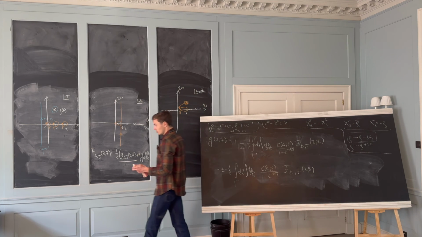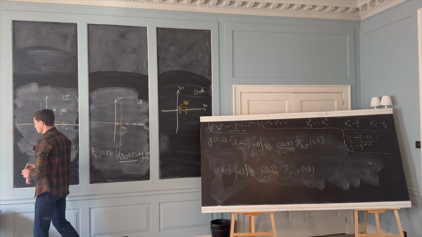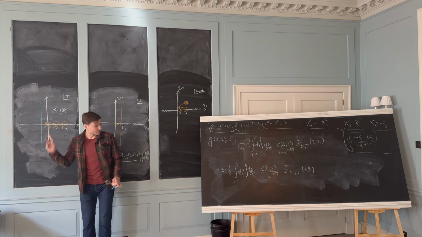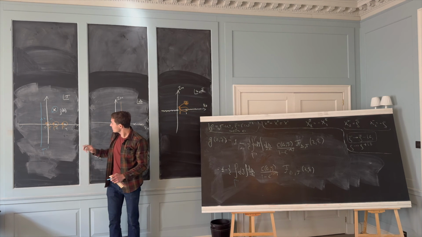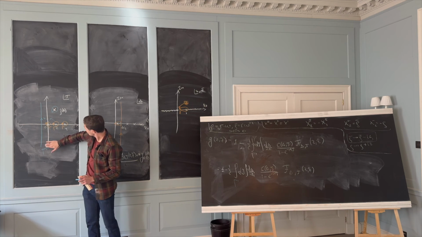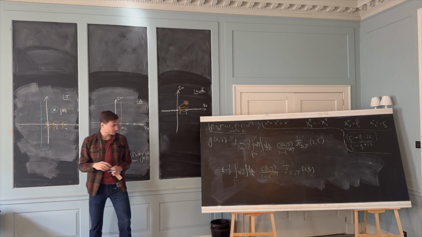And so what we achieved by this is that after the deformation is done, well, let me call this contour gamma. Let me call just this part, and this term, let me write it out separately.